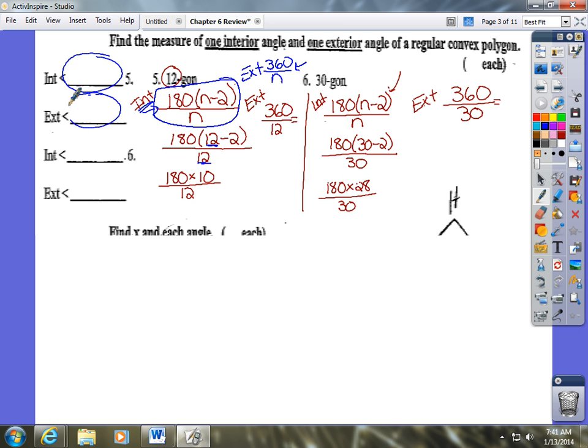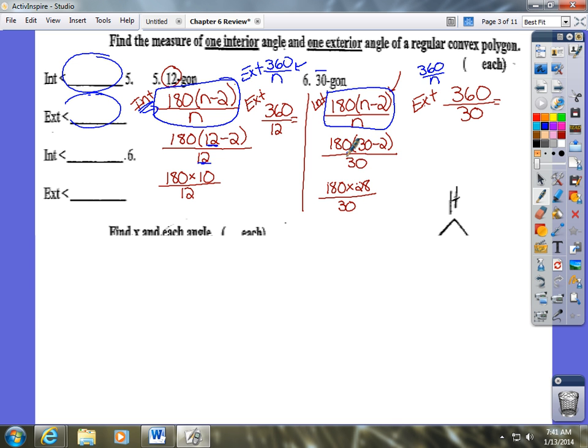So we've got 2 equations. We've got our interior and we've got our exterior, which is 360 divided by the number of sides. Over here we have a 30-sided figure. So we're going to have 180 times 30 minus 2. And then we're going to divide that by the number of sides, which is 30.